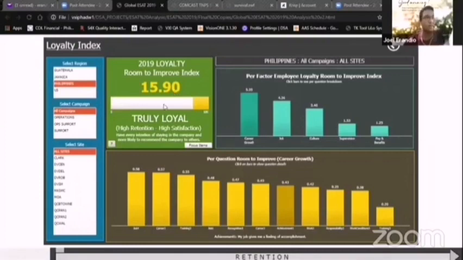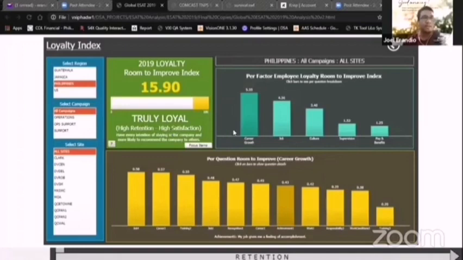So the overall performance is, in this case, around 80+%, the 84%. And therefore, the room to improve is around 15. And the current state, when you combine the performance on the behavior and the satisfaction, they fall on the loyal, on the green side, which is the truly loyal state, which is good if you are a head or a leader of a department.